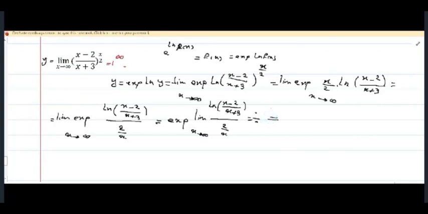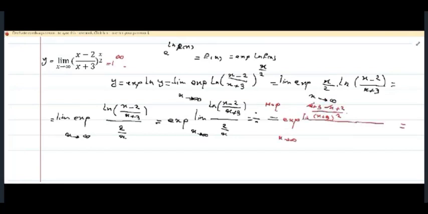Now I can use the L'Hopital rule here, so I can take the derivative of the numerator and denominator. The derivative of this one will be equal to (x plus 3) squared, the derivative of x is 1 times x plus 3, minus the derivative of this one multiplied by x minus 2, so I will get minus x plus 2.